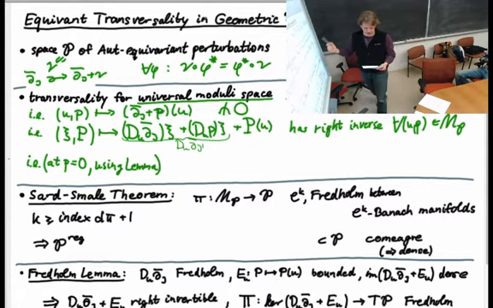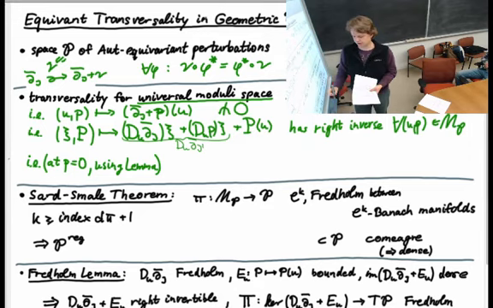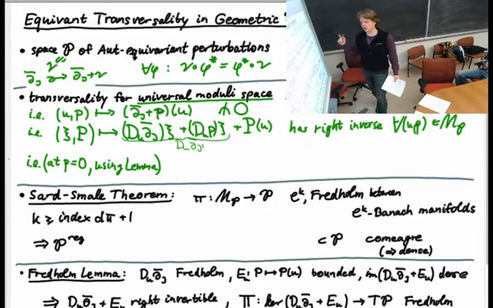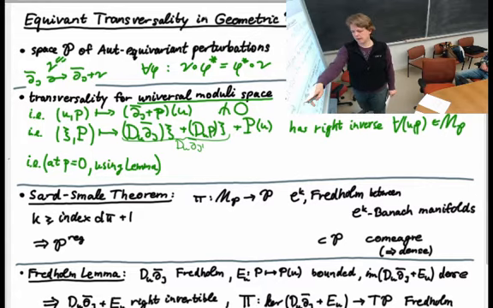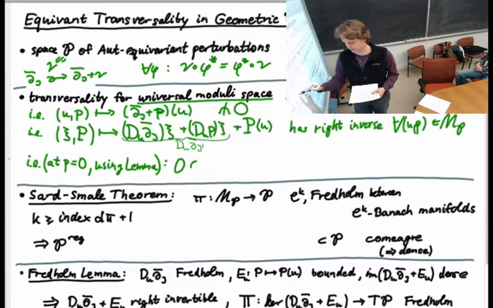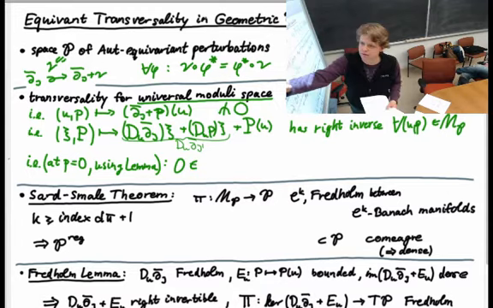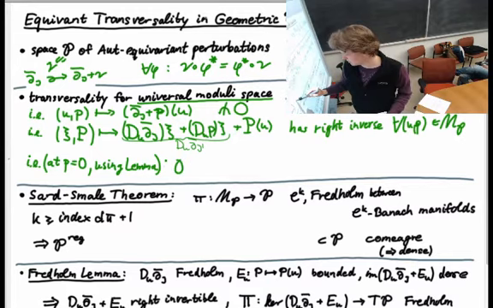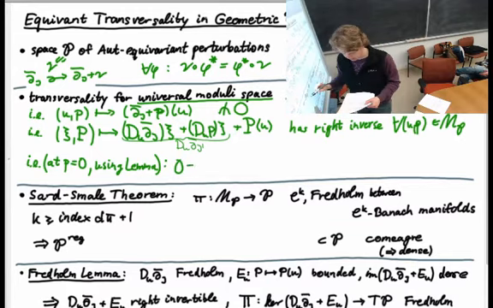Okay, and the Fredholm lemma is going to allow us to only prove that this map has dense image. Dense image then means all I need to check is that if I have something that's perpendicular to the image, then it better be 0.